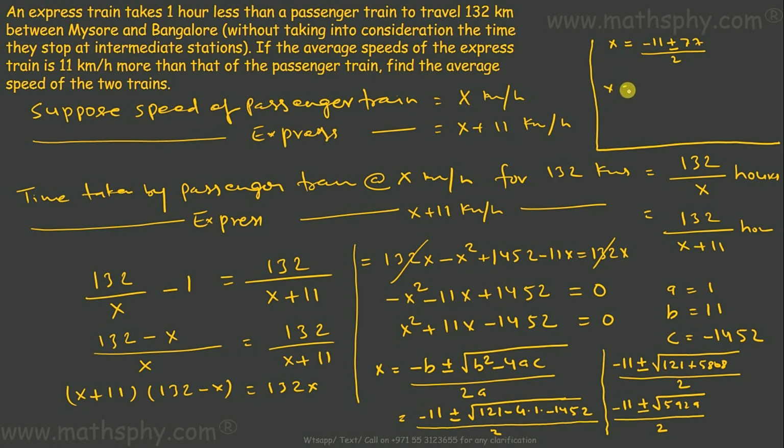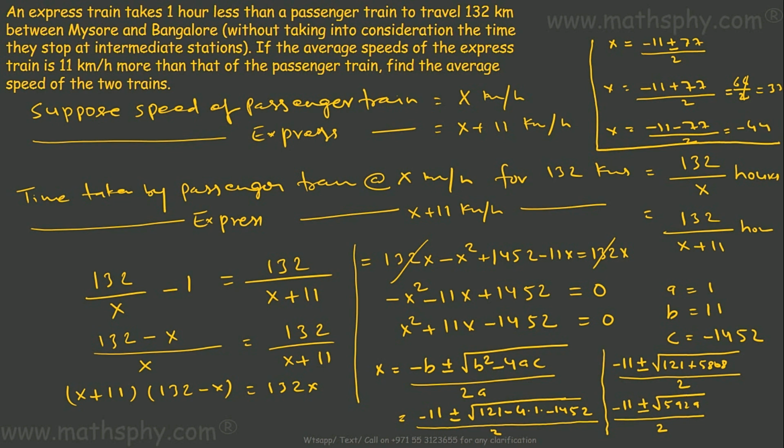So x would be negative 11 plus minus, 5929 root will be 77, over 2. So x is equal to negative 11 plus 77 over 2, and x is equal to negative 11 minus 77 over 2. So this will be 66 over 2, which is 33, and this will be negative 44.